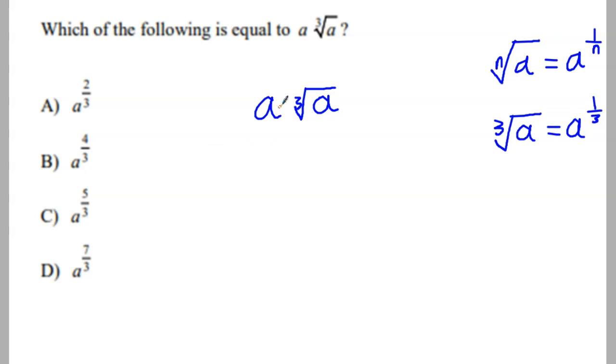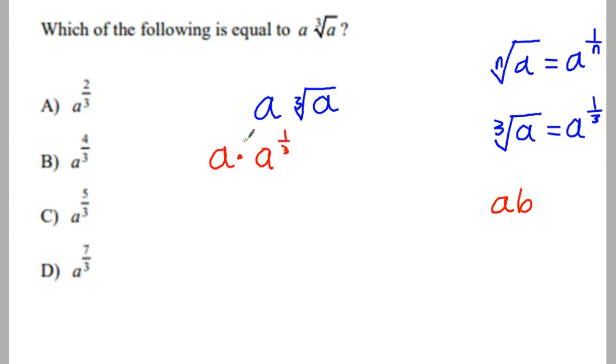Anytime a variable is together with a term and there is no operation between them, like if we have ab, we assume it's supposed to be multiplication. So they are multiplying. You can write here a times the cube root, changing this one to the power 1/3.